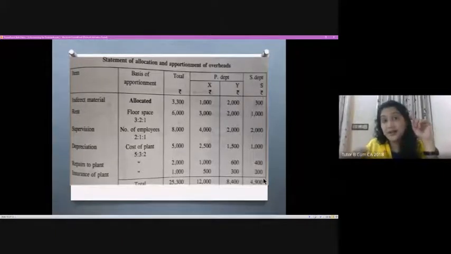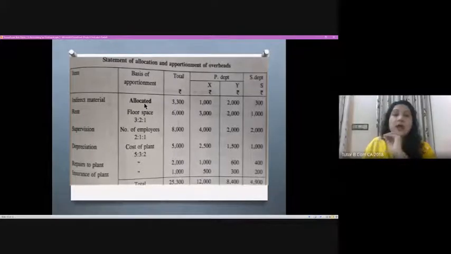So this is all about allocation and apportionment. I just underline the word allocation and apportionment. We are doing allocation and apportionment. So as I said earlier, the whole expense which can be directly identified with a particular department will come under the category of allocation. But if an expense cannot be clearly identified as belonging to a specific department, in that case, we will go with apportionment or proportionate allocation.